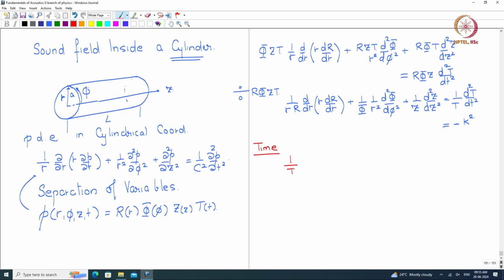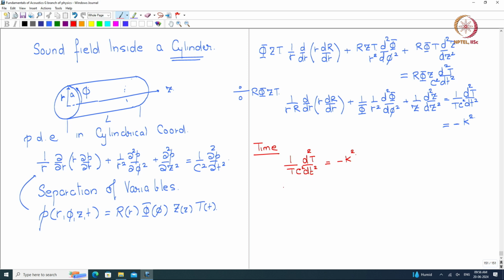One over T d2 T by dt square is equal to minus k square C square. Missed out a C also. Okay.